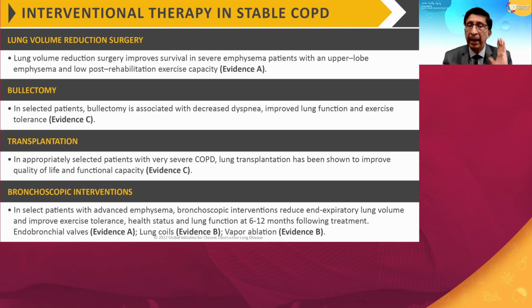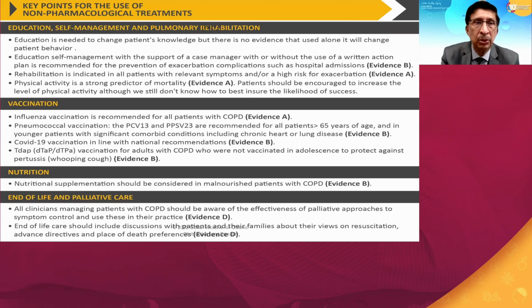And the level for endobronchial valves, which have been used for more than 10 years, is evidence A. Coils, evidence B, and vapor ablation, which I've just told you about, is evidence B. So we have various techniques that we are using now for patients with advanced emphysema who can benefit from lung volume reduction.